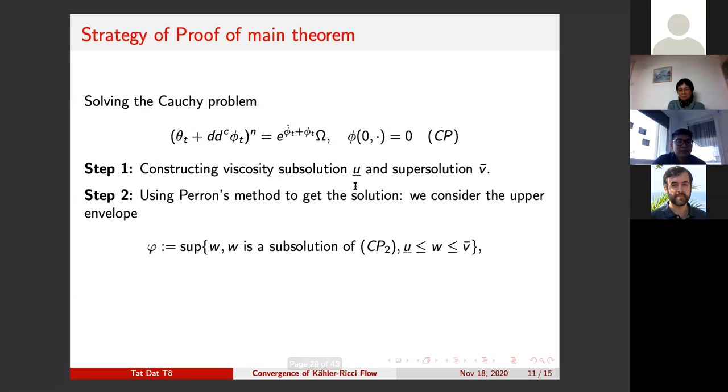The second step is the very famous method, the so-called Perron method, to get the solution.